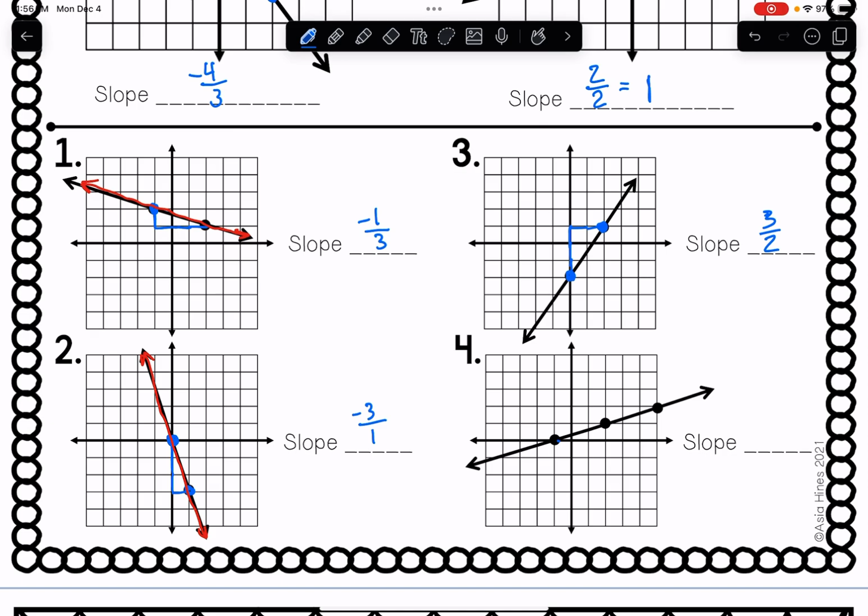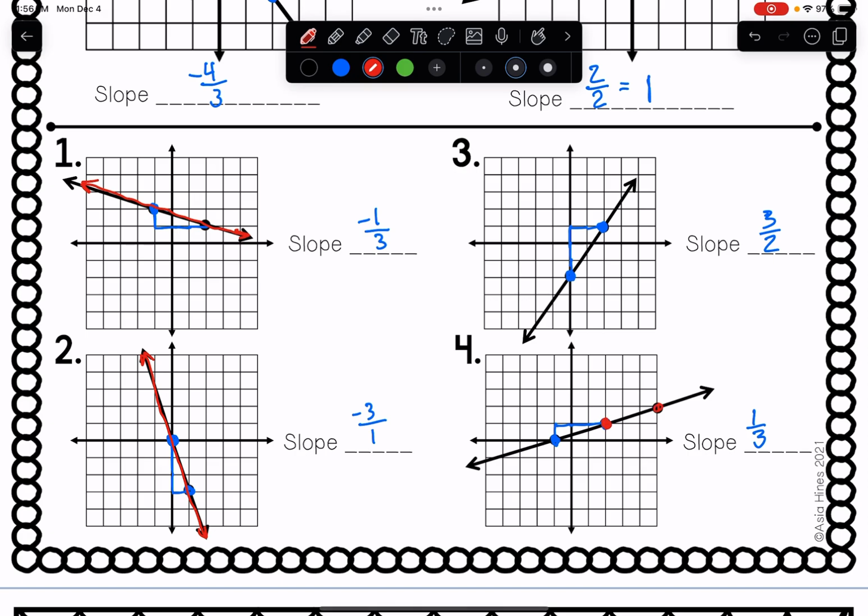If we pick these 2 starting points, we've got a rise of 1 and a run of 1, 2, 3. So this slope will be 1/3. Now, let's say that I pick maybe this point and this point instead. Got a rise of 1 and a run of 1, 2, 3. Slope of 1/3.